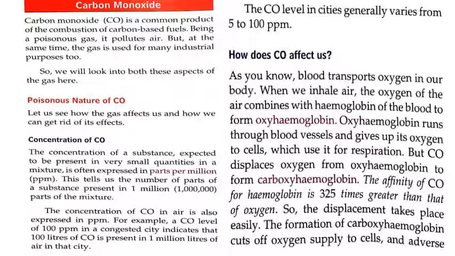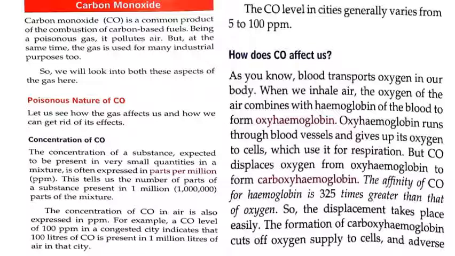Concentration of carbon monoxide. The concentration of a substance expected to be present in very small quantities in a mixture is often expressed in parts per million. That is, how many parts of that substance are present per million other parts. So parts per million tells us the number of parts of a substance present in 1 million parts of the mixture. The concentration of carbon monoxide in air is also expressed in parts per million.